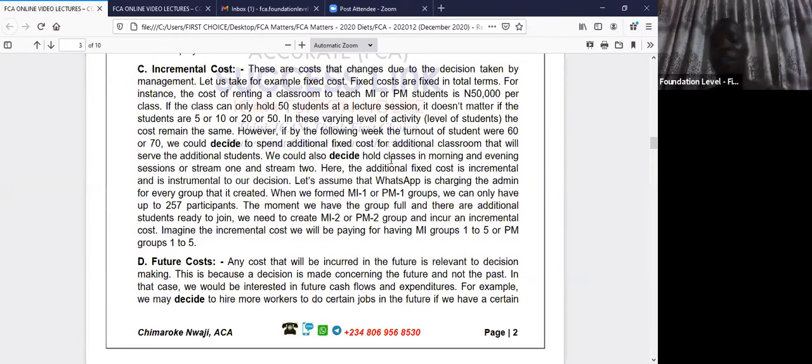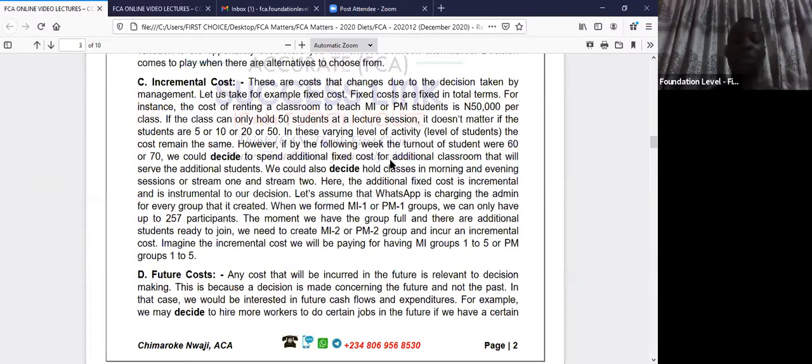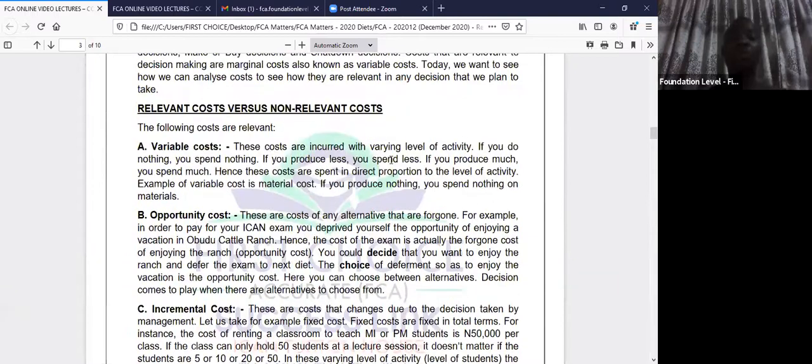Well, this is a clever play on words because I've used all the elements of a relevant cost to make that statement.